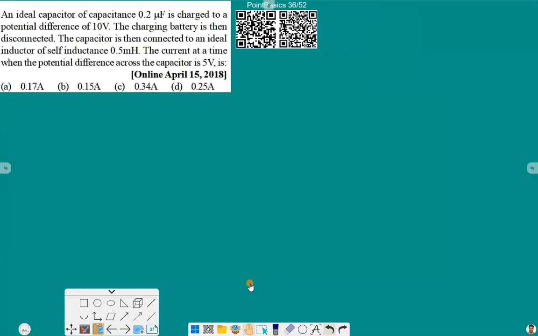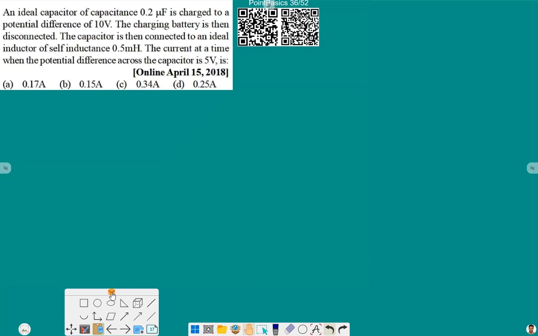Initially we are charging a capacitor, which means it will store some energy. So initially the energy of the capacitor will be half C V square, where C is this and the potential difference is 10.